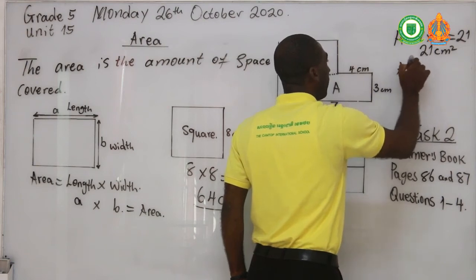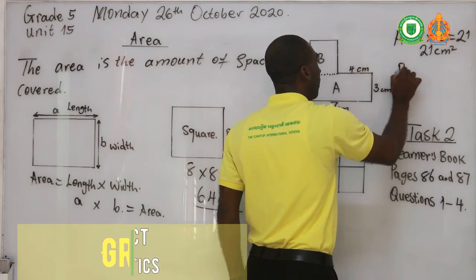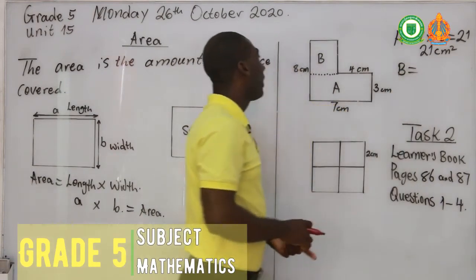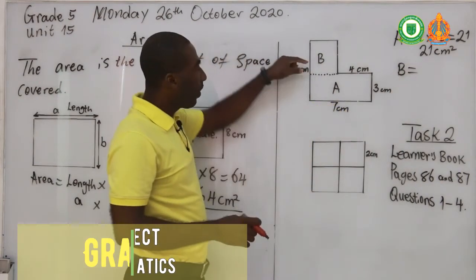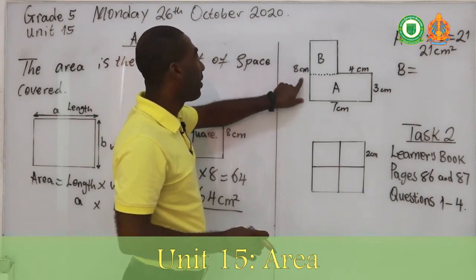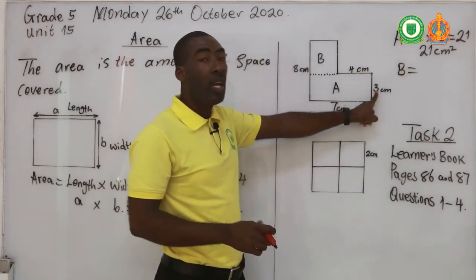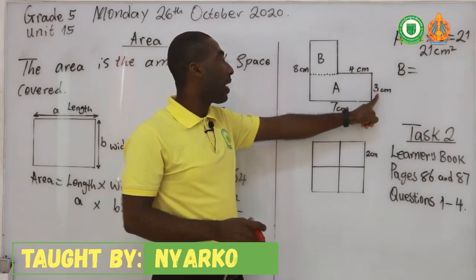And then we come to B. In the case of B, because this portion has been taken out, it means that we have taken 3, because the corresponding line, or the opposite line, is 3.